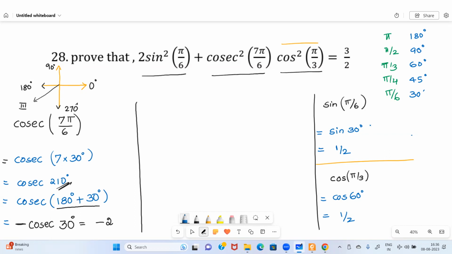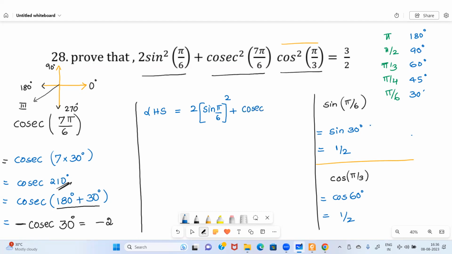Okay, let's do it now. Your LHS is going to be now 2 sine square pi by 6. Or in other words, I can write it as 2 sine pi by 6 the whole square plus cosecant square 7 pi by 6.